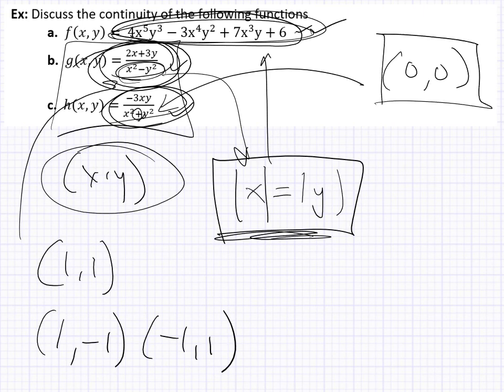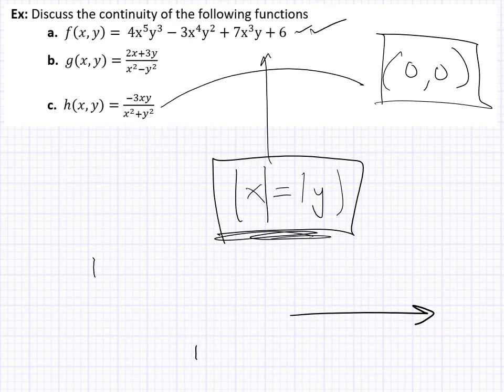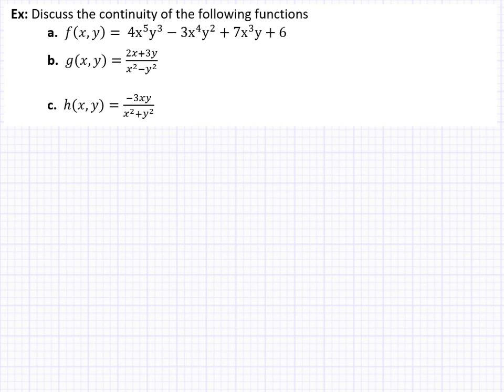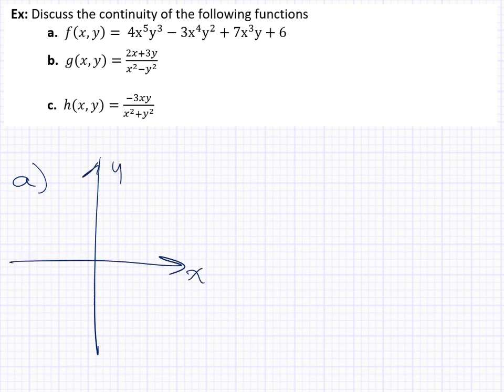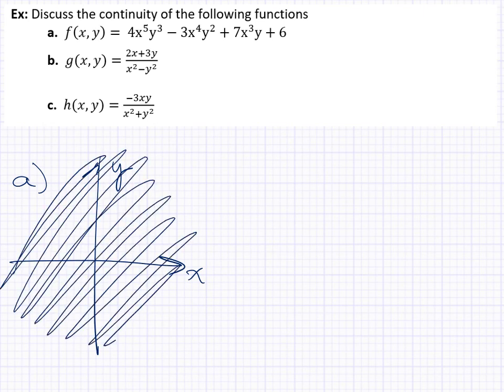And so if you were to look at this in the xy plane, so here, let's erase this. And let's look at the domain for each one, and I'll look at it from a graphical standpoint. So for A, the xy plane is where the domain should reside, all the x's and y's. And essentially, the entire plane is your domain.